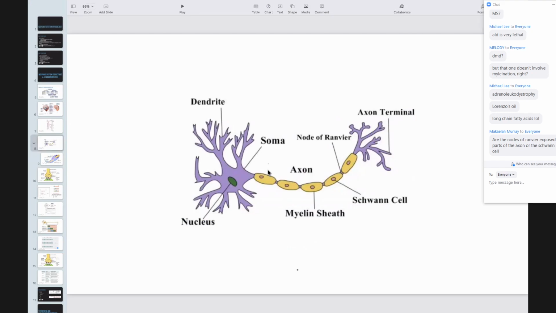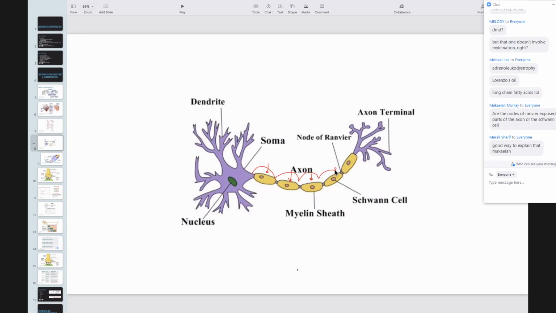The channels that we're going to talk about shortly don't open where there's myelin. They open where there's not myelin. So the signal kind of bounces from gap to gap, and that helps speed it up. So that's what the nodes of Ranvier are. They are where these gaps open up.